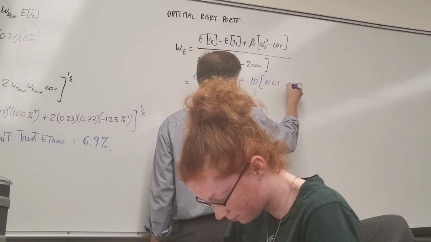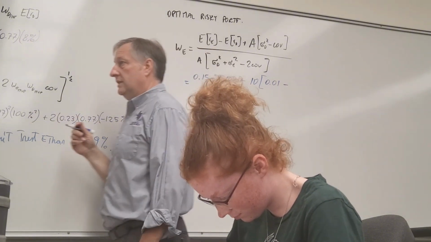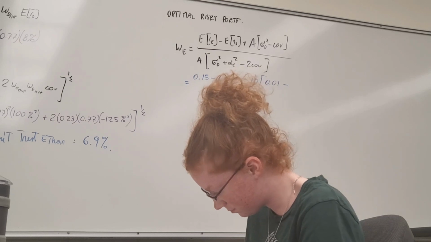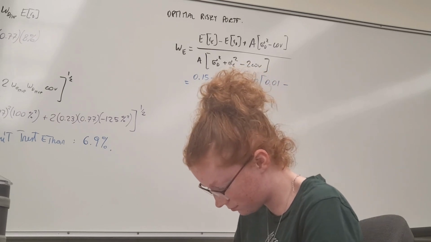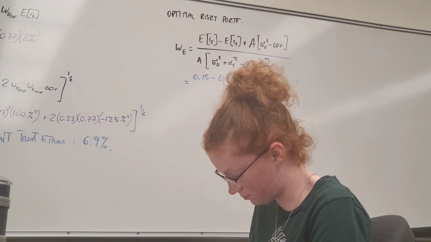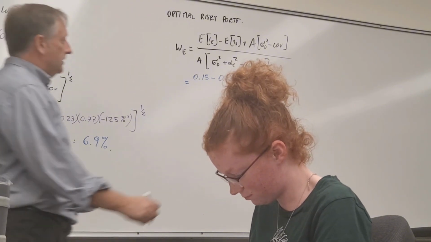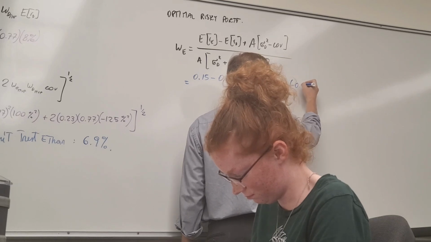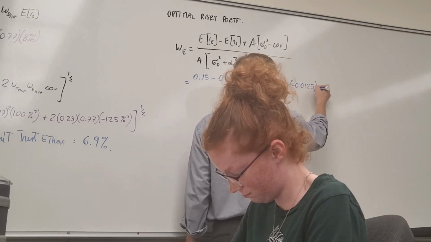Do you agree with that? Covariance is 125. Divided by 100 is 1.25. Divided by 100 again is 0.0125. Check it because I can't deal with zeros. So it's minus 0.015.